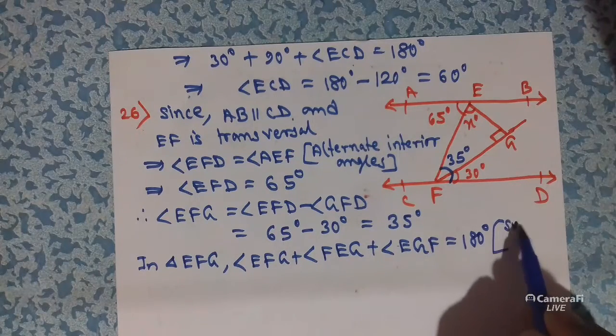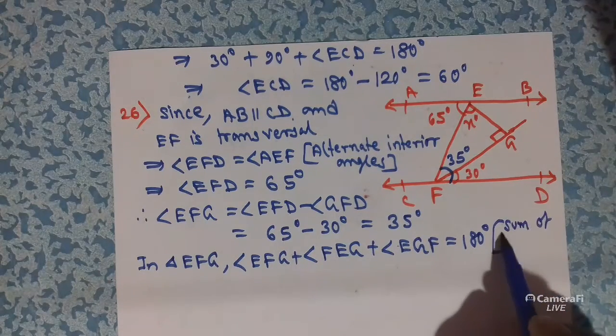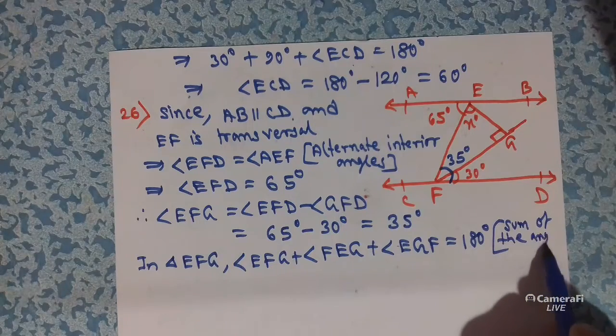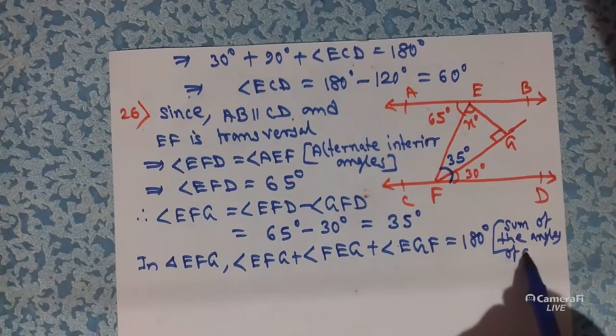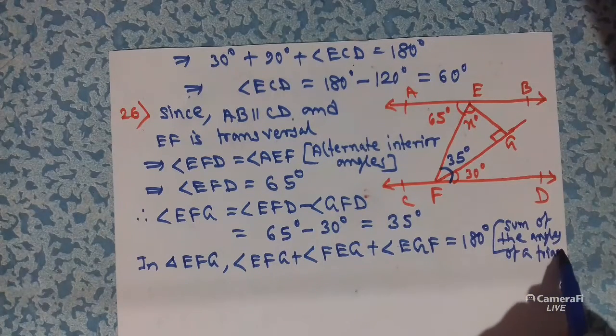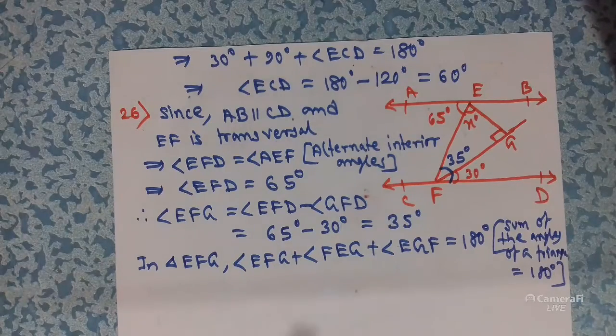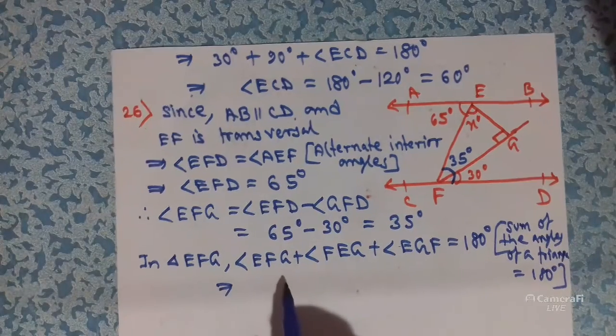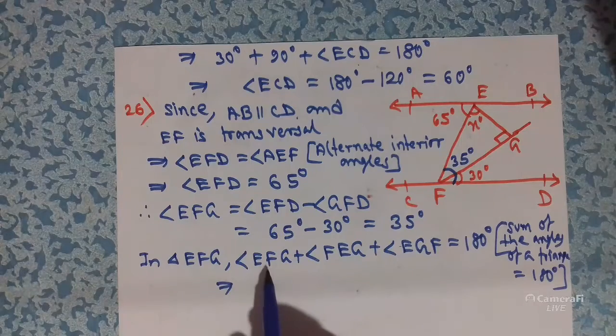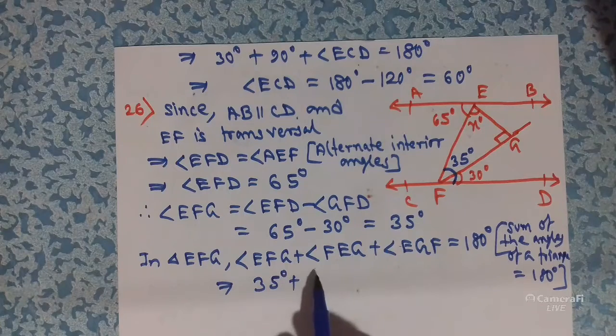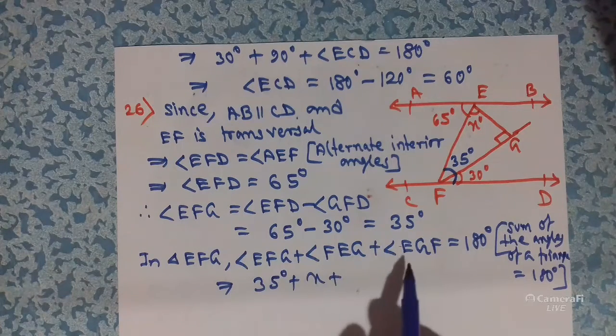Because sum of the angles of a triangle is equals to 180 degree. So this implies angle EFG is 35 degree, angle FEG is X and EGF is 90 degree. So is equals to 180 degree.